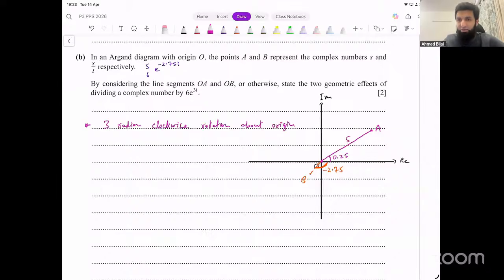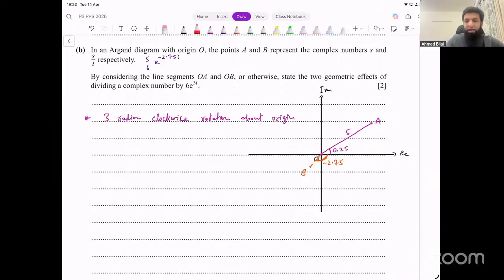It's shrinking. It's becoming smaller. What transformation is that? What's the name of that transformation? So when something becomes smaller, we call that enlargement. Stretch is when only x coordinate changes or only the y coordinate changes. In this case, we're talking about distance from a point.